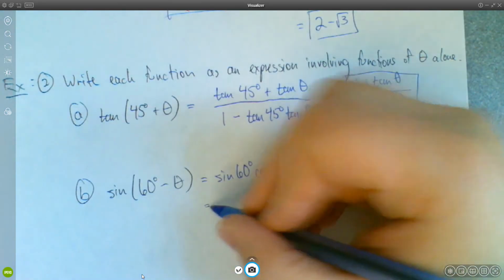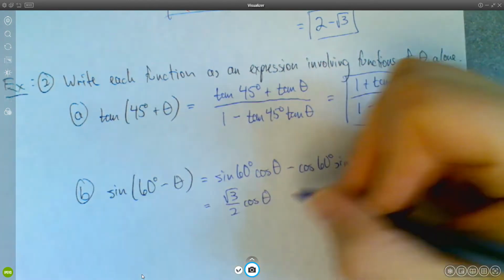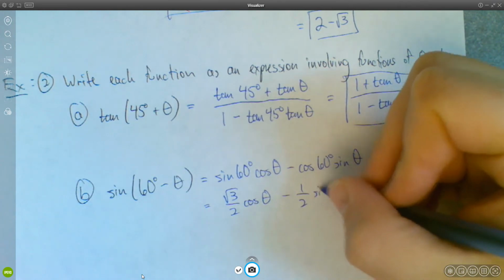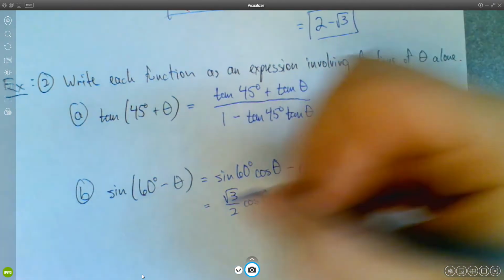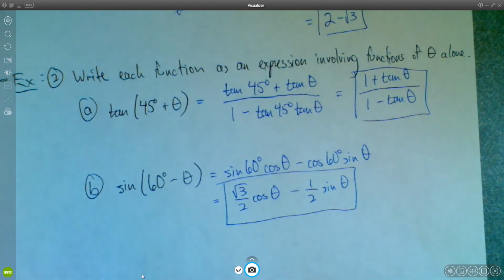Sine 60 is root 3 over 2. Cosine 60 is 1/2. And that's that, right? We've achieved our goal. Okay. Here's another one.